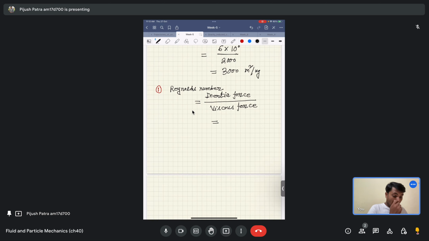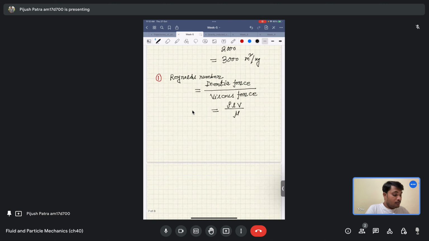In terms of symbols, it is rho L V by mu, where rho is the density of the fluid, L is the characteristic length scale of the problem, V is the characteristic velocity scale of the problem, and mu is the dynamic viscosity of the fluid.